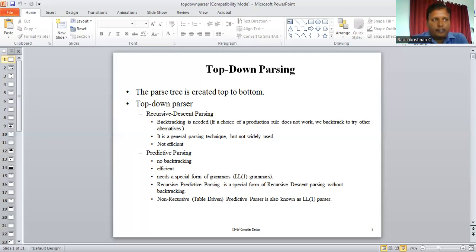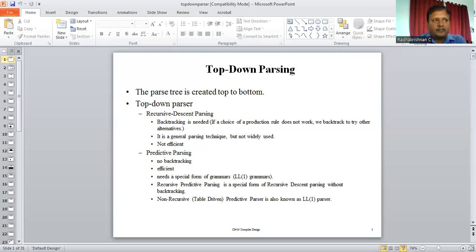The table is accessed like a two-dimensional array: we have to choose a row and a column at the same time. So, M[A, a]. Here M is the matrix, capital A is the non-terminal, and small a is a terminal character. Each row is a non-terminal symbol, each column is a terminal symbol, and the special symbol $ is also added. Each entry holds some production rule.